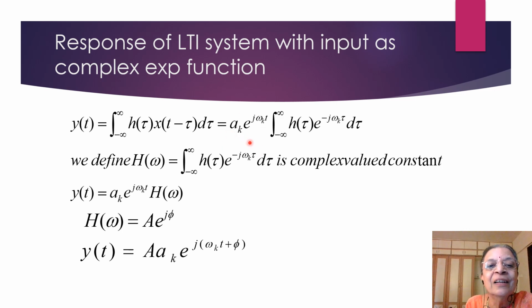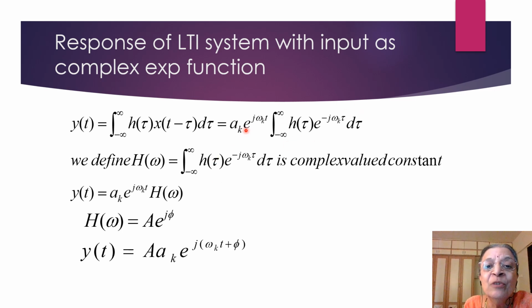Then I can get the corresponding value H(omega). This is a constant, and then I can write the output of the system as a_k e^(j omega_k t). When I write H(omega) as A into e^(j phi), then I can write y(t) as a_k e^(j(omega_k t plus phi)). This angle phi is coming from this particular constant.